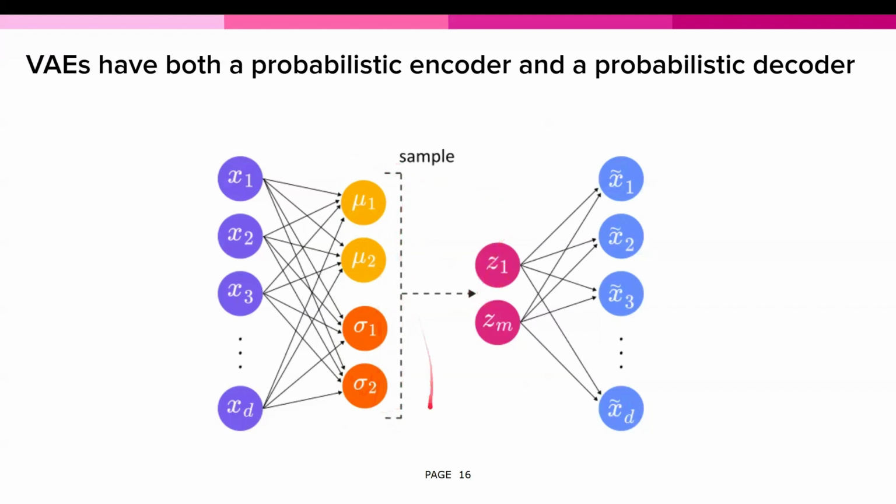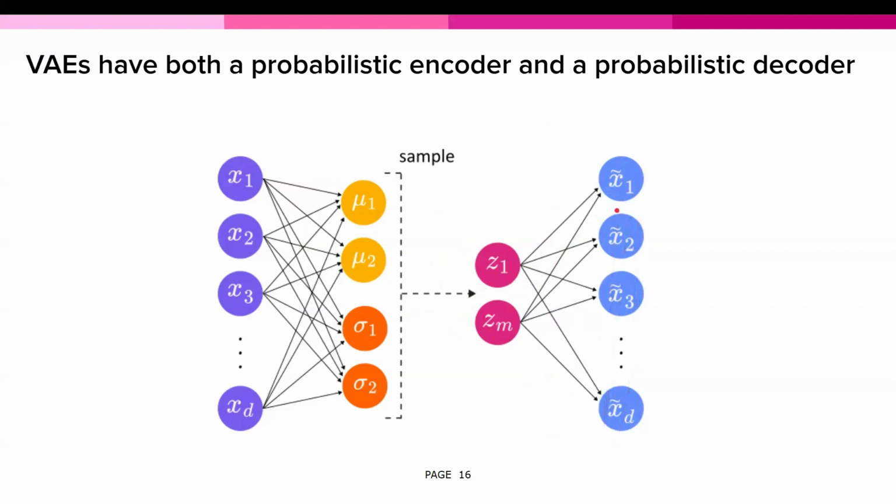So there's a stochastic sampling step, and this essentially fills in the gaps in the latent space to allow for that crucial ability to interpolate between training points. Then the decoder network takes that sampled latent vector and maps it back to data space, x tilde.